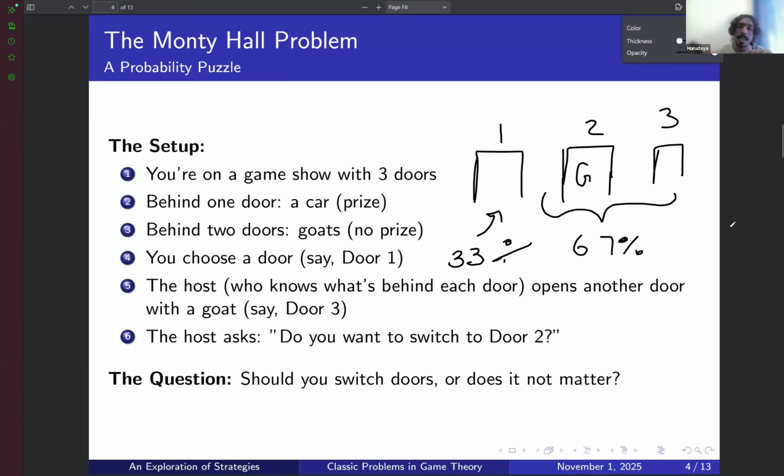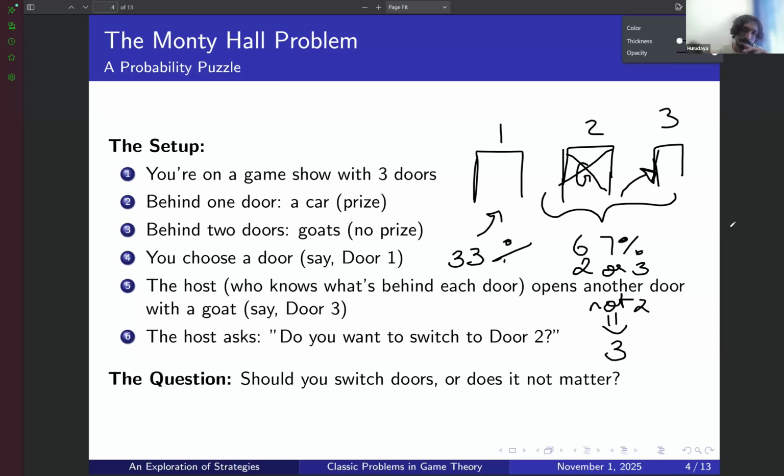Yes, sir. And then he opens this door. So what ends up happening is that the 67% probability all becomes part of this now. Because our original 67% was two or three, and now we know it's not in two, which means it has to be in three. Oh, yes, sir.